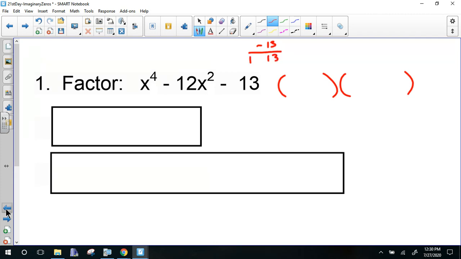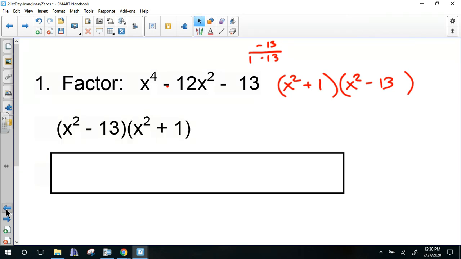Well, there's only 2 factors of 13, 1 and 13, and the middle term is negative. So negative 13 plus 1 is negative 12, and the square root of x to the 4th is x squared. So this should factor into x squared plus 1 and x squared minus 13.